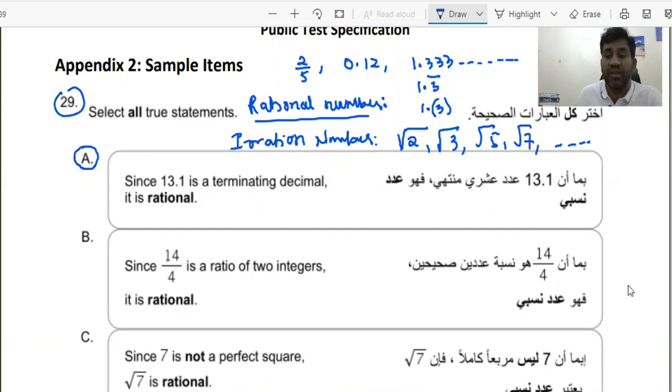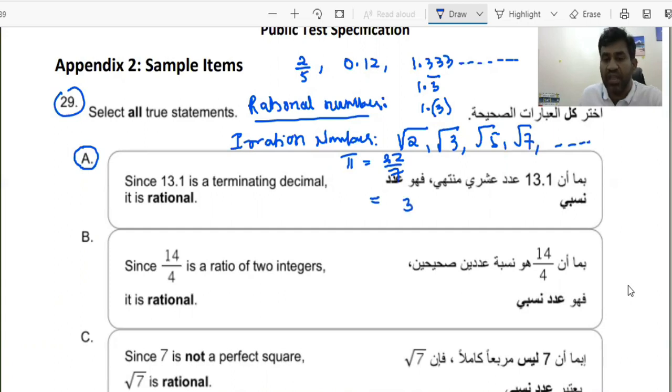Another example we usually take is pi. Everybody knows the value of pi. When we represent it, it is basically 22 by 7. You might say, sir, we are representing it in rational form, 22 by 7. But what actually happens when you convert 22 by 7 into a decimal?